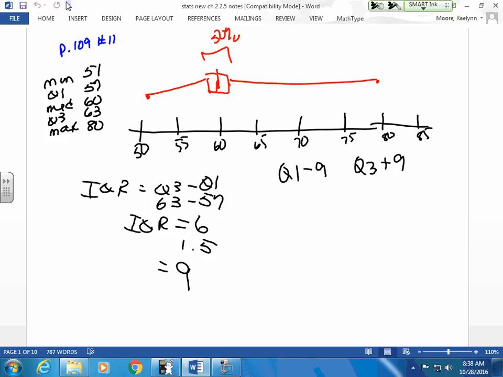So if I take quartile 1, 57, and I subtract 9, that would be 48. Do I have any data entries lower than 48? That side's good. If I take quartile 3 and I add 9, I get 72. Do I have any data larger than 72? Which ones? 80. 80 is an outlier.